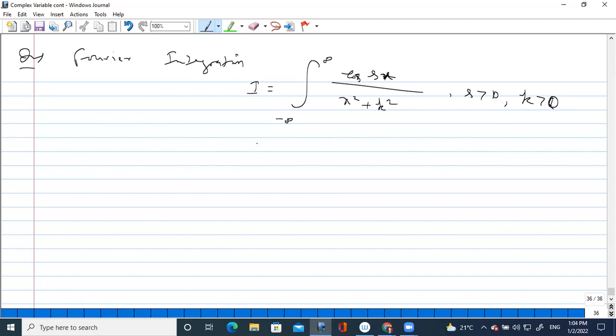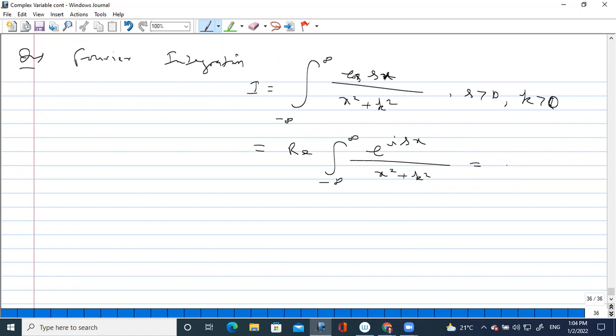So first of all, we can convert it. I told you if cos x or sin x is in the numerator, you can convert. It is the real part of e to the power i sx divided by x squared plus k squared.